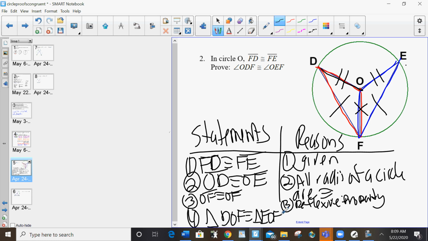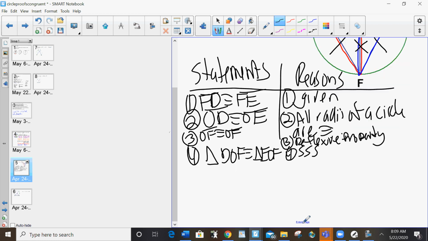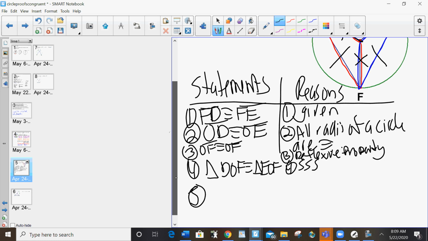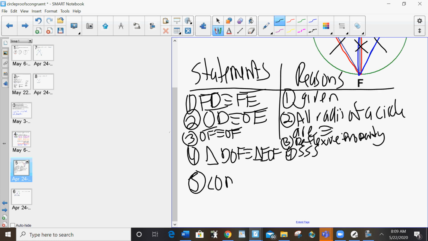I marked 3 sides, so that's side, side, side. And then I can state what they want me to prove. Angle ODF is congruent to angle OEF. And again, to prove segments or angles, that's CPCTC. That got a little sloppy.